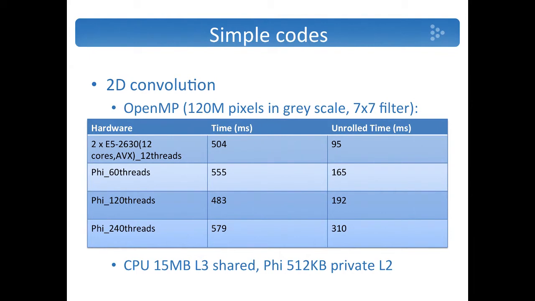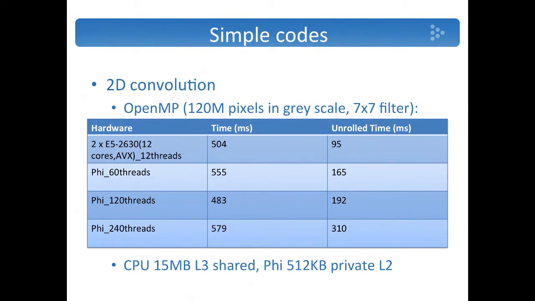But for Phi, each core has only 512 kilobytes. So we cannot prefetch too many rows of the image into the Phi's cache because we don't have enough room for them. Our convolution is two-dimensional.